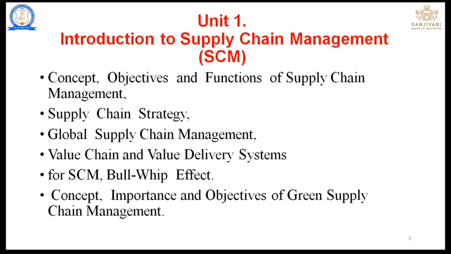Supply chain management is nothing but a flow of goods and services with proper management with the service provider. So what does green supply management mean? It is related to environmental elements to provide a good service to the consumer. We will see it in detail. So that is all about unit number 1.